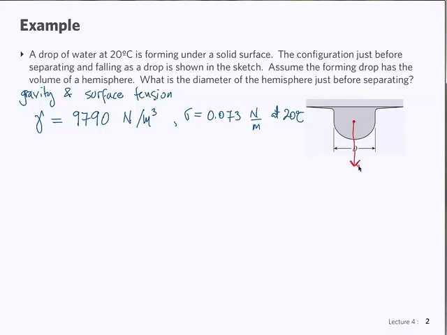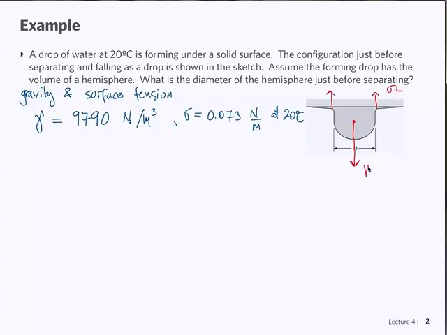So what we need from the surface tension is a force that is opposite the weight, right? So don't be confused by this little picture and realize that you're being told that this has the volume of a hemisphere. So really what we want is an opposite force in the other direction, right? Because otherwise we couldn't hold the weight. So that's going to be our surface tension here. Sigma times a length to get a force.